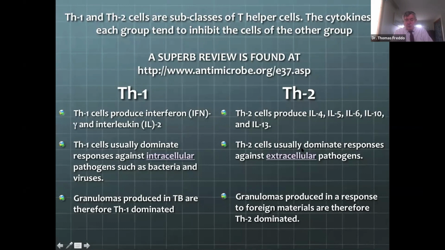So Th2 cells produce several interleukins, you can see here, 4, 5, 6, 10, 13, and granulomas produced in response to foreign materials are usually therefore Th2 dominated. And there's a really good review of these that you can see here. I've given the URL so you can go on and do additional reading if this is of interest to you.